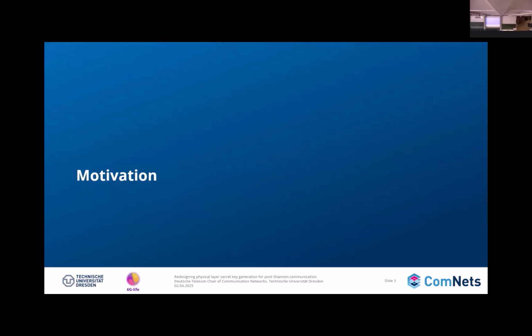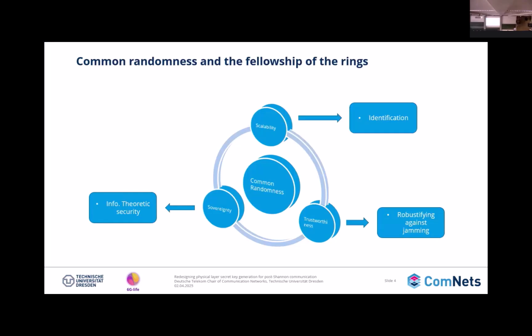So, of course, let's begin. As the name suggests, common randomness means we are generating a random variable at two or more intended terminals, and it's visible only to those two intended terminals. Conveniently, common randomness has significant use cases in identification codes, which improves scalability.